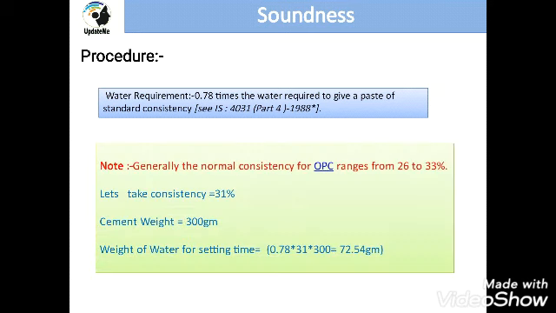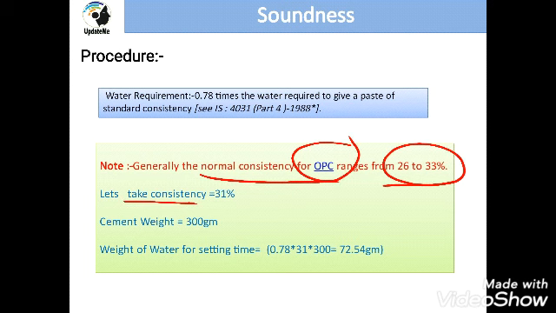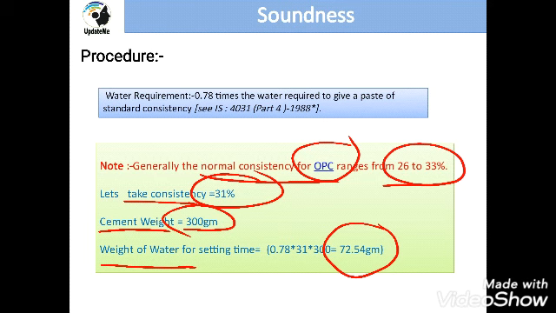As we know, the normal consistency for OPC ranges from 26 to 33%. Let's take the consistency as 31%. With cement weight 300 gram, the weight of water will be 0.78 times 31% consistency times 300, so it comes out to 72.54 gram.